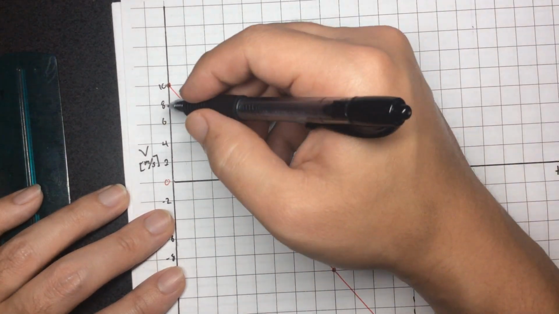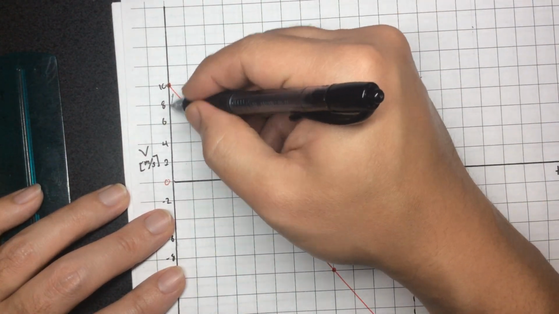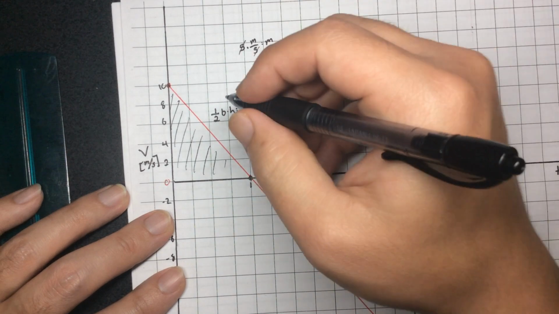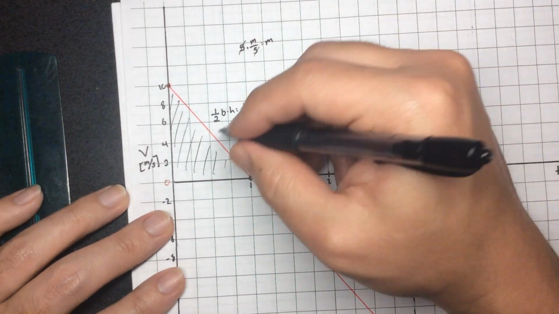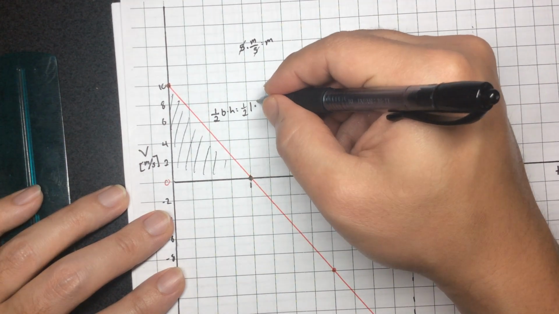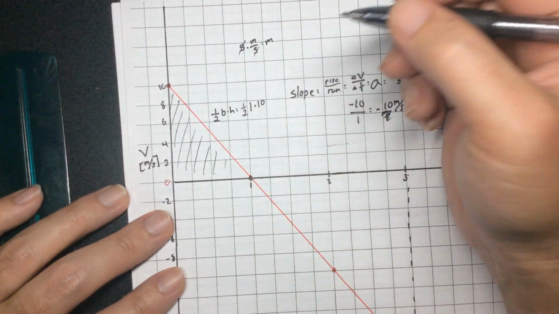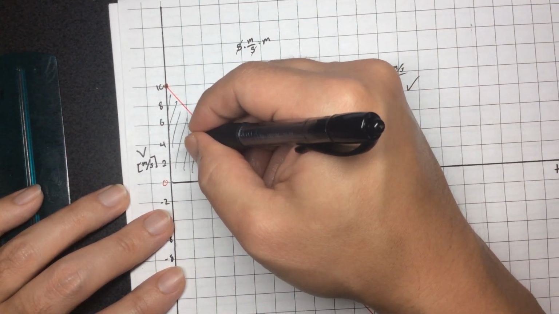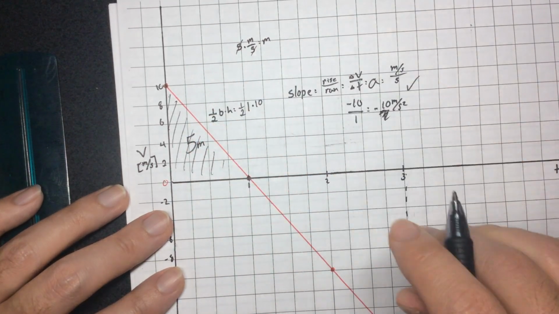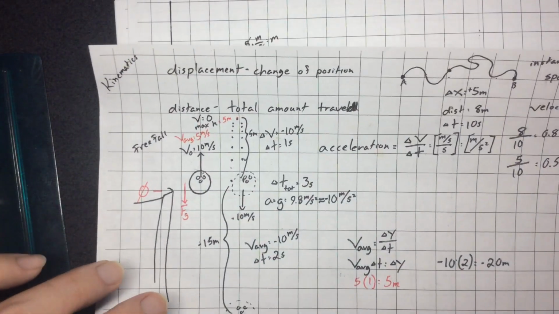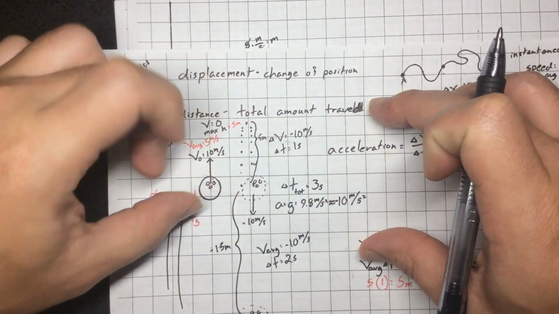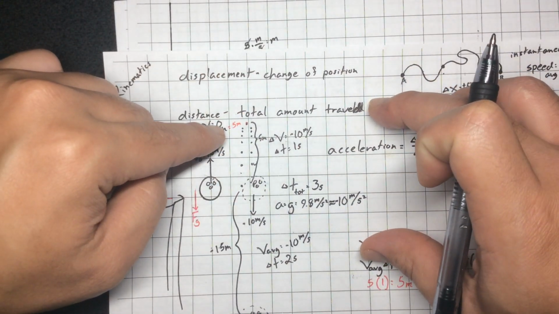Well, that's kind of neat. So let's go ahead and find this area right here, and that area is going to be 1/2 the base, which is just 1, and the height, which is going to be 10. So what's half of 10? That's going to be 5. So this is 5 meters. And what that corresponds to, kind of neat, is the first part where that ball goes up and stops.